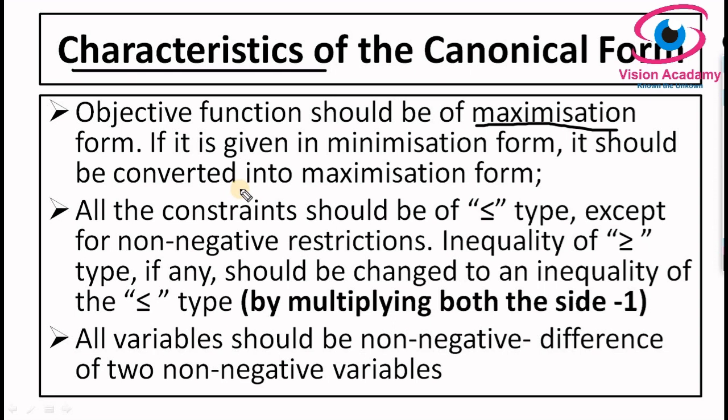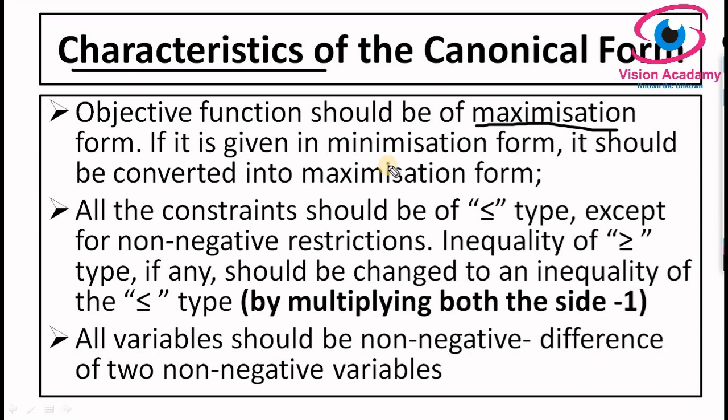So there will not be much change. Suppose z equal to ax plus by is the given objective function which is to be minimized. Then it is equivalent to maximizing its negative function. So if you convert it into a negative function, it is a maximization type.